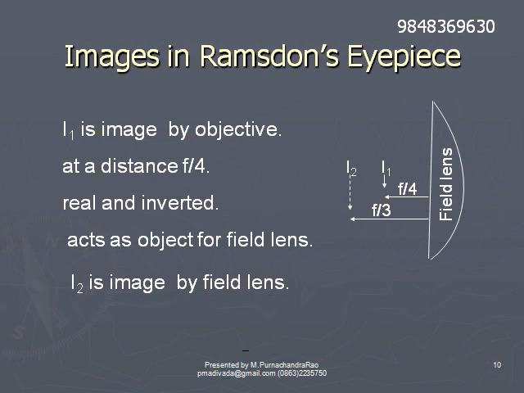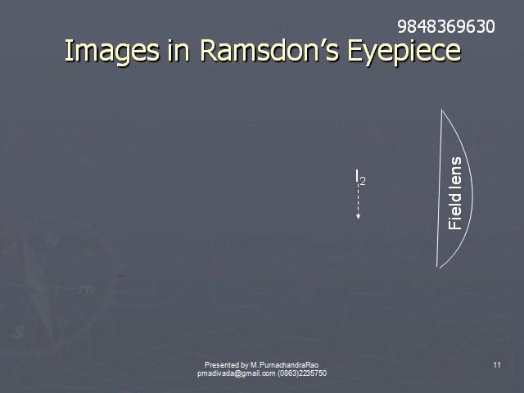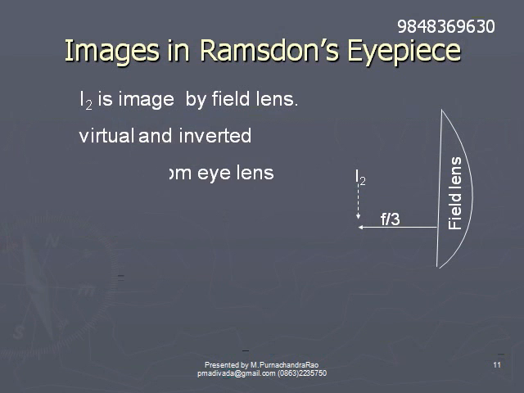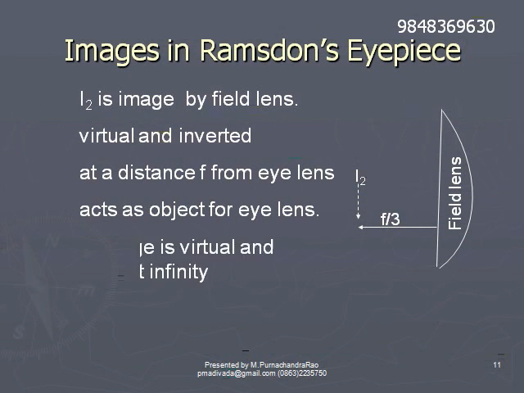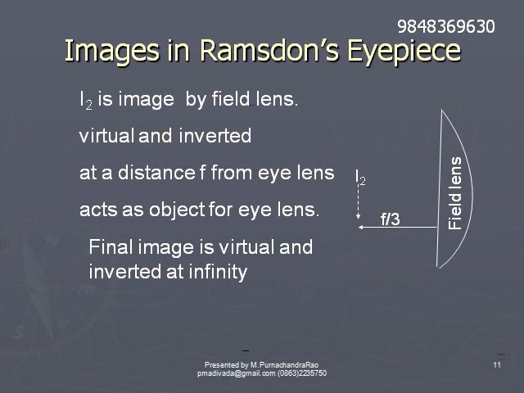That image is I2. It is virtual and inverted. This is at a distance f from the eye lens. So this I2 acts as the object for the eye lens, and the final image will be formed at infinity. It is virtual and inverted.